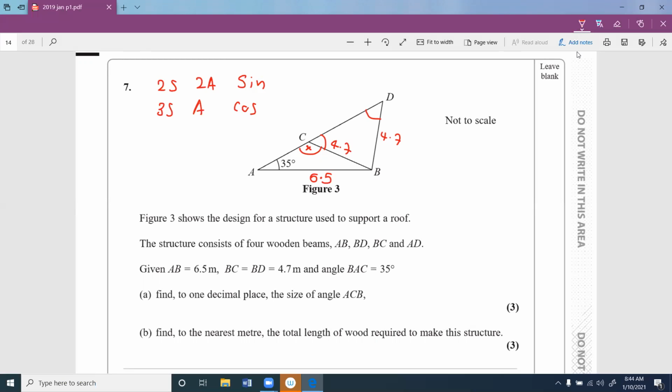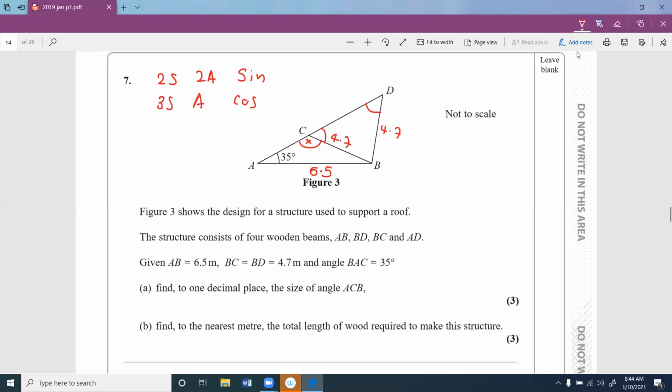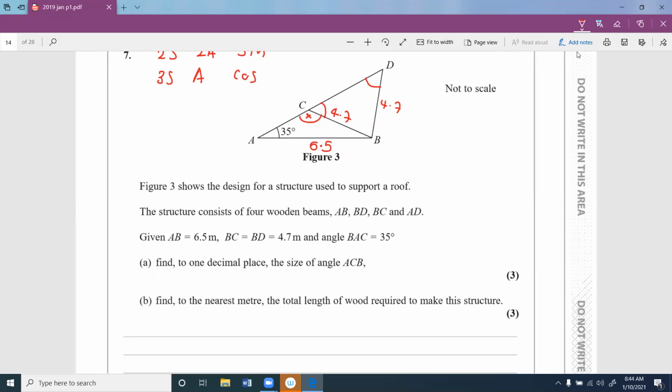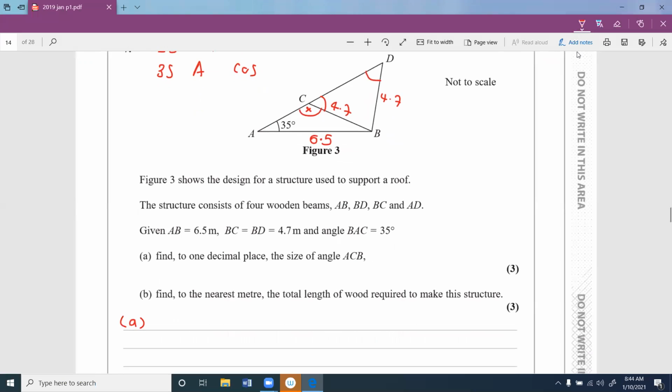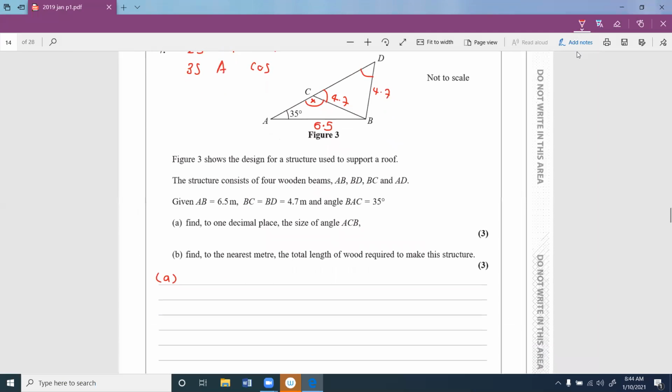Then we'll try to work it out. To apply the sine rule, this angle is adjoined with this side and this angle is adjoined with this side. So simply you have to answer the question in this way. I'll make it a little bit small, then I can use the entire space. So you can say apply sine rule.